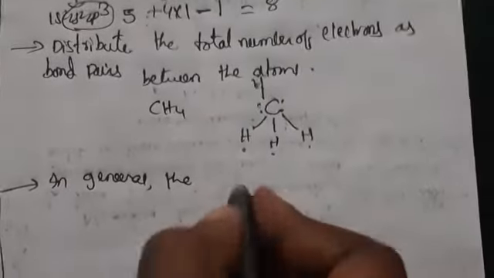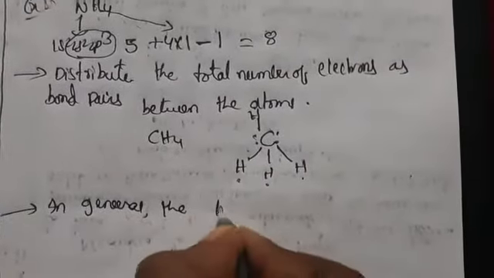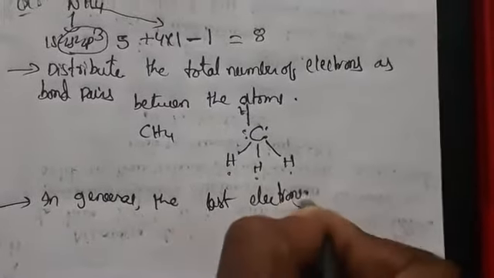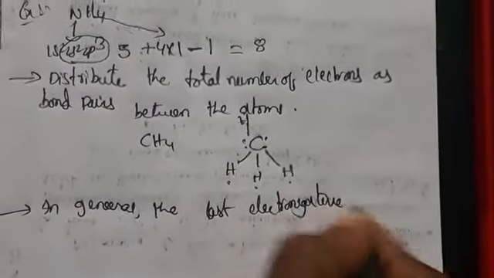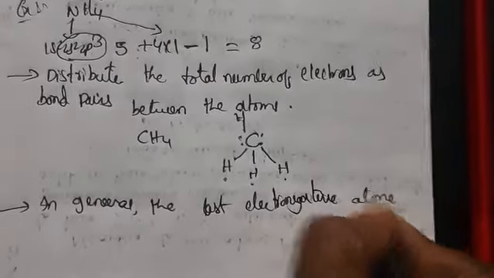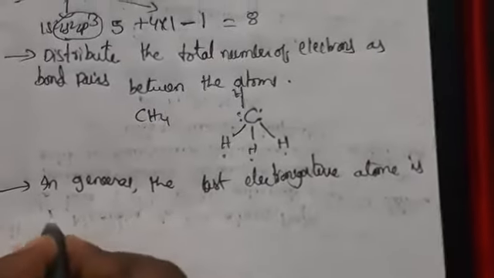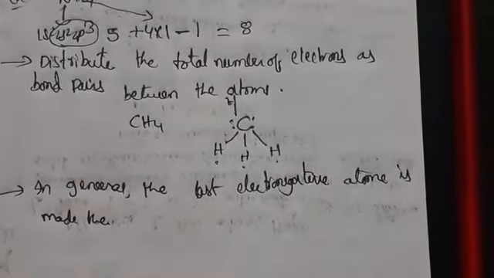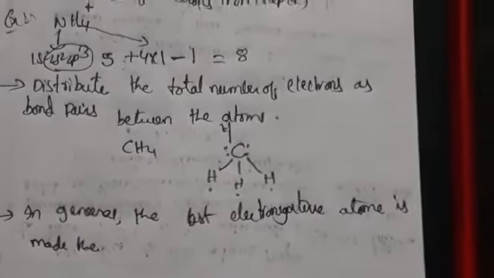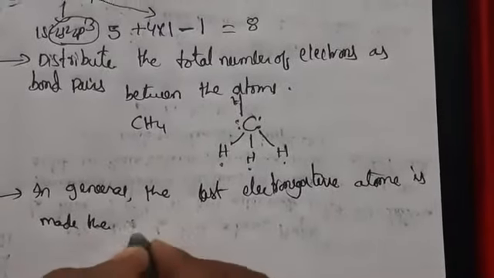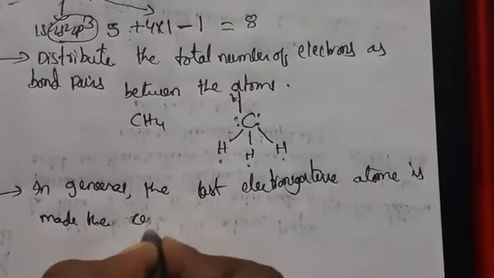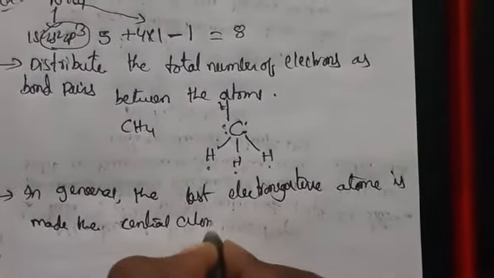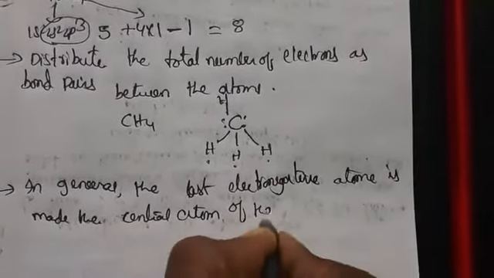So the least electronegative atom is made the central atom of the molecular ion.